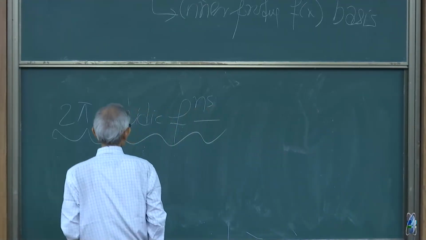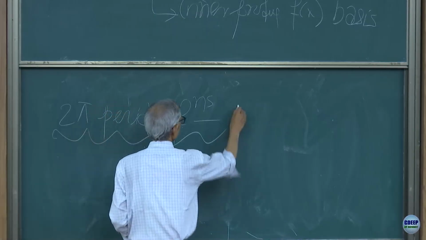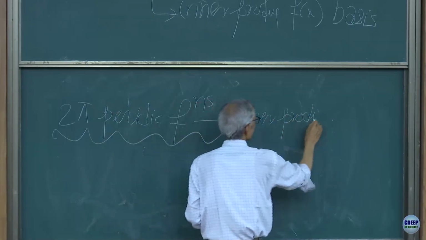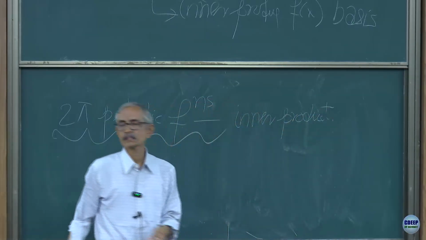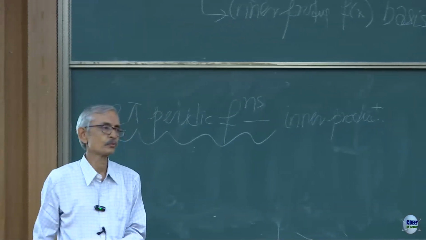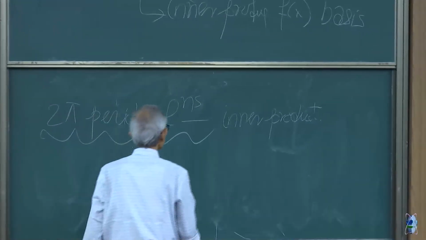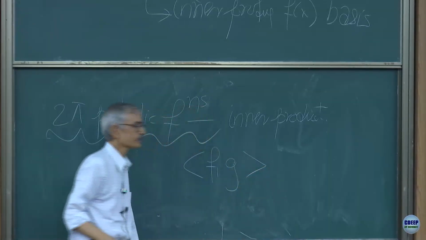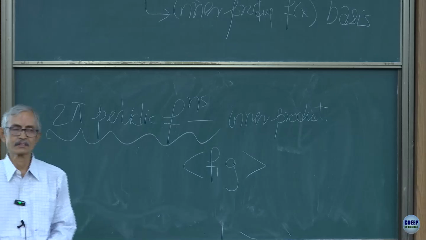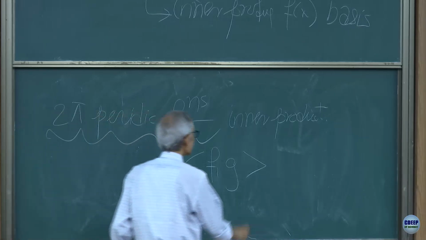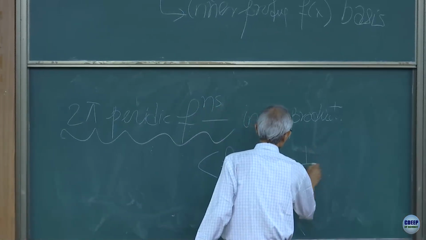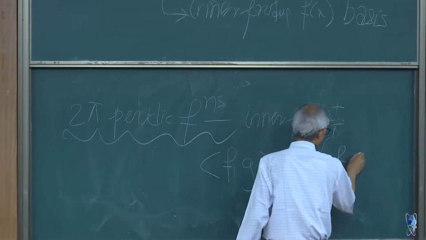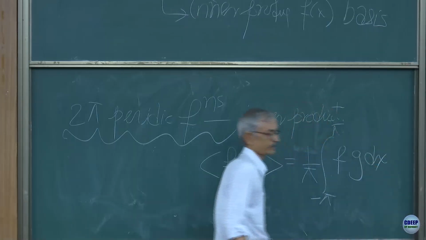Now, what is the inner product? We now say that there is something called an inner product, and we are going to define this inner product between two functions. The inner product of two functions f and g, we are going to use these angle brackets, and say that this is equal to 1 by pi integral from minus pi to pi of f g dx.